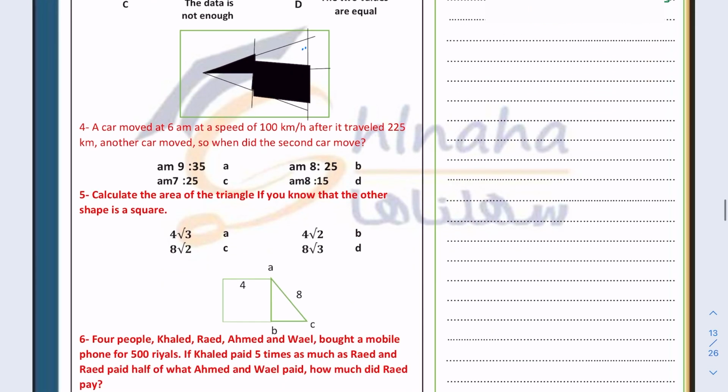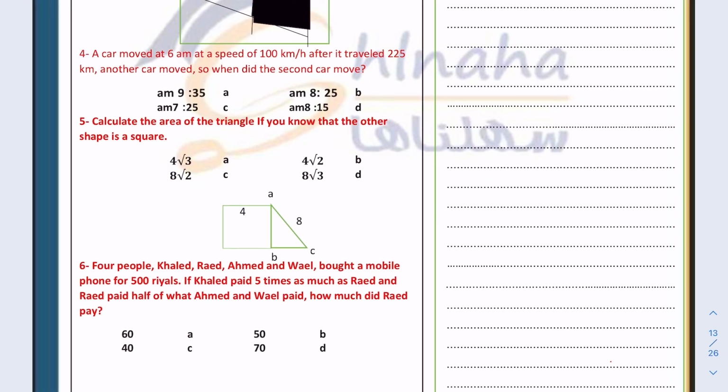Question number 4. A car moved at 6 a.m. and its speed was 100 kilometers per hour. After 225 kilometers, another car moved, and we need the time when the second car moved.